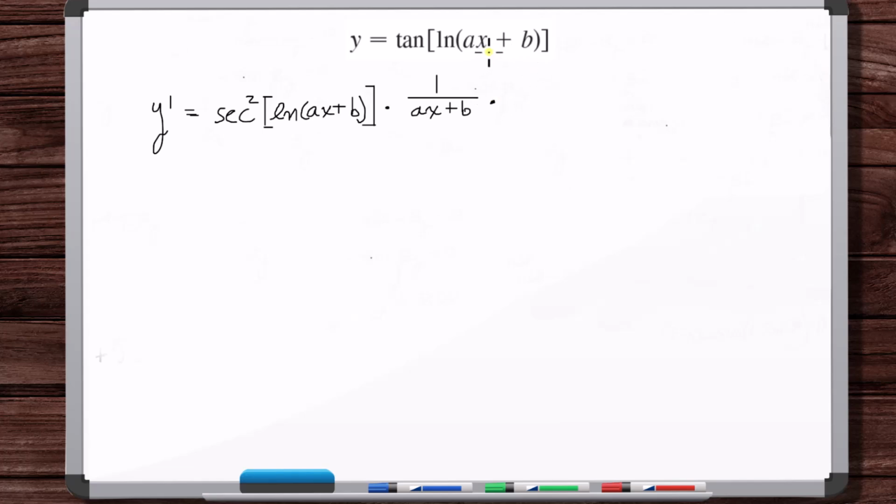What is the derivative of ax plus b? A and b are constants. That's just a. Okay, so y prime is, okay. That's the derivative.